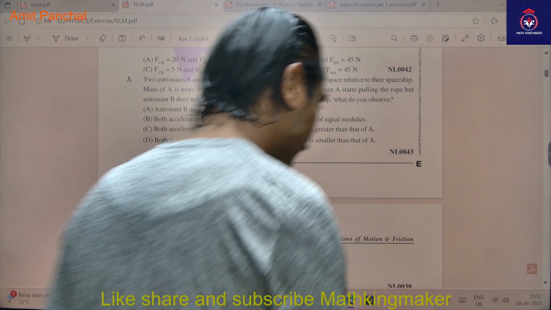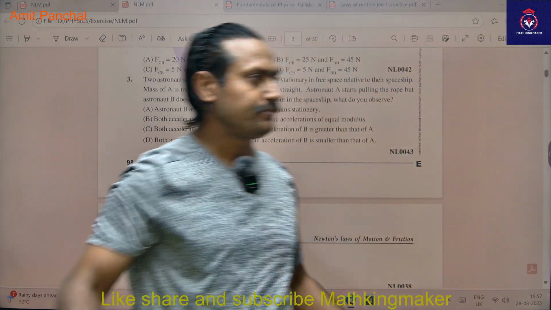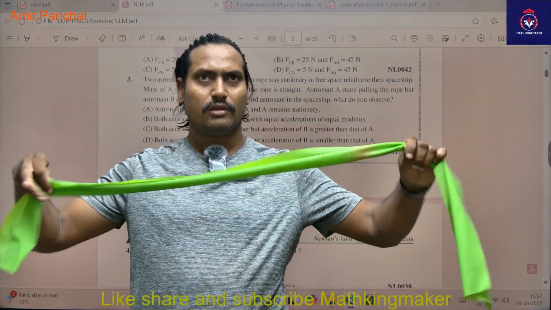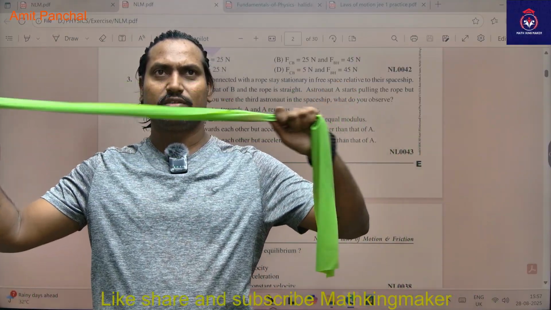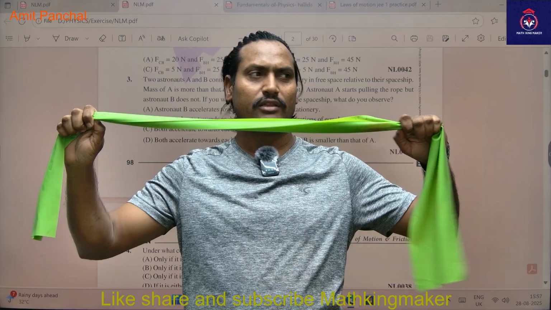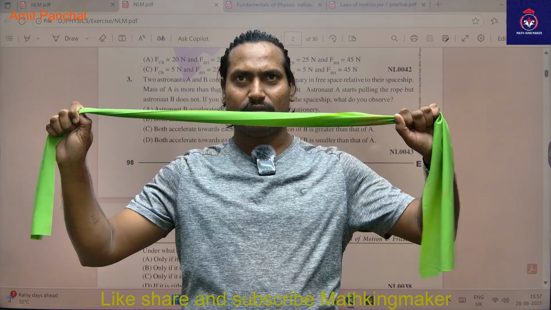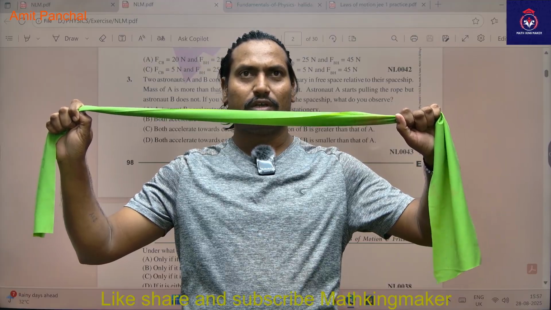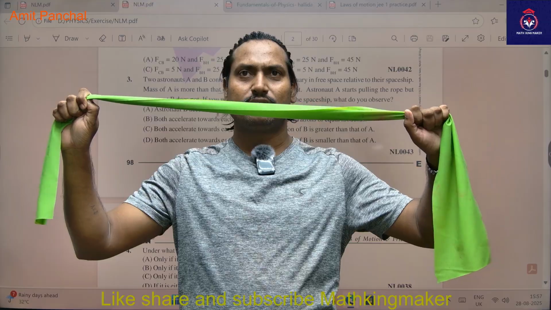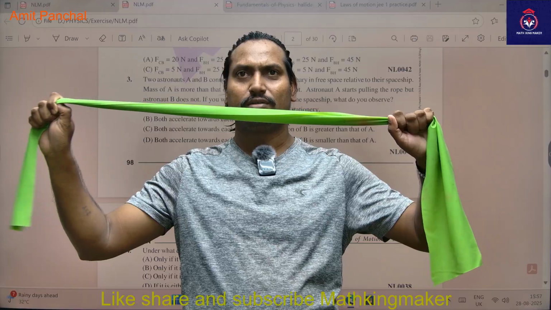To understand this, I have this string. It's a rubber band, a TheraBand. You are just observing it from outside, isn't it? So with both hands, one hand is just pulling it.